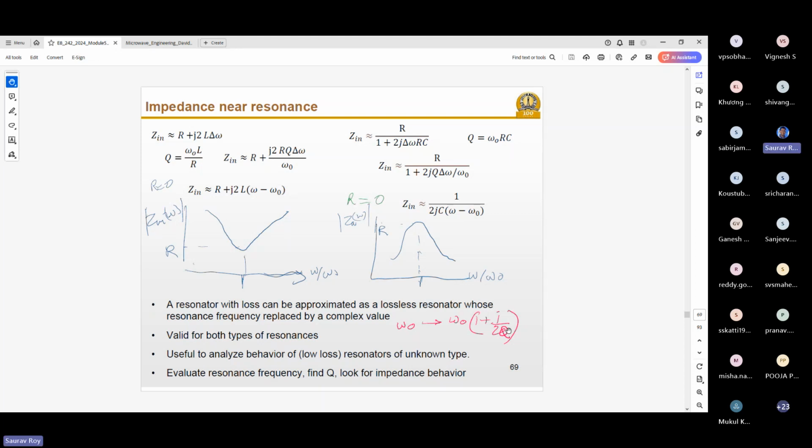Because if you take the resistance everywhere, the calculations become very complex. So you can do it for the lossless case and then replace the omega naught value with this, and the calculation becomes quite easier. As you see, the resonance frequency changes because of the loss part.